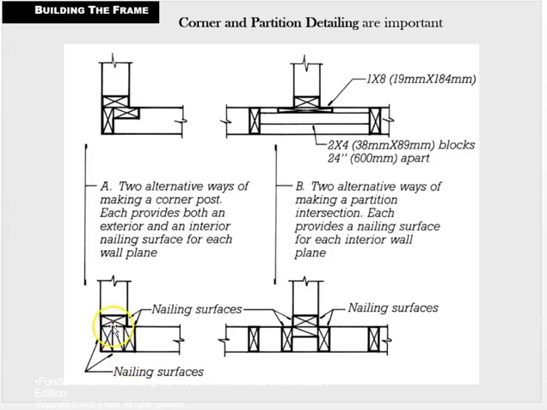And what's worse about this really is that it creates a void that's very difficult to insulate. Where we don't have blocking here, we can't get insulation in very easily. Here, this is readily insulated. So this is a decent detail, I think.